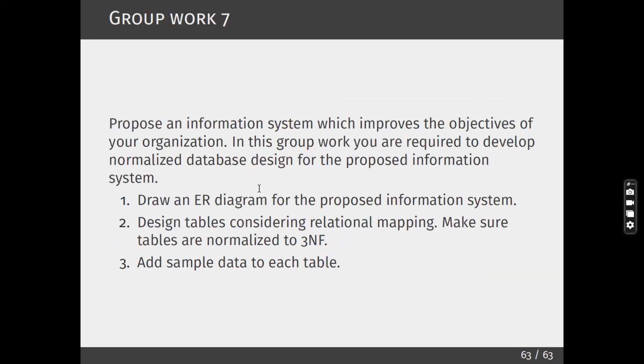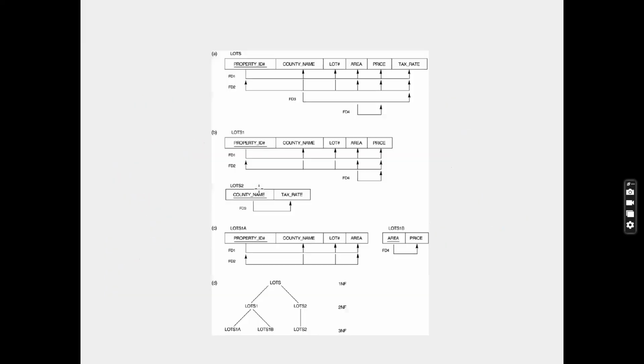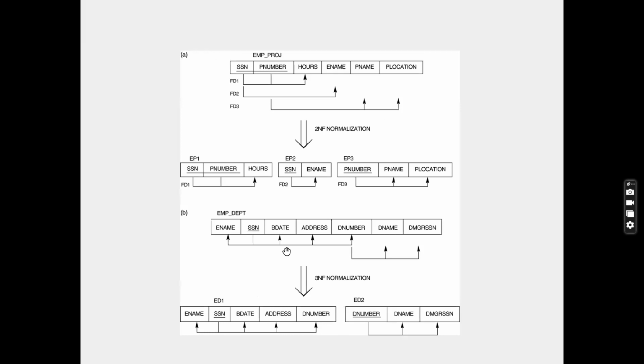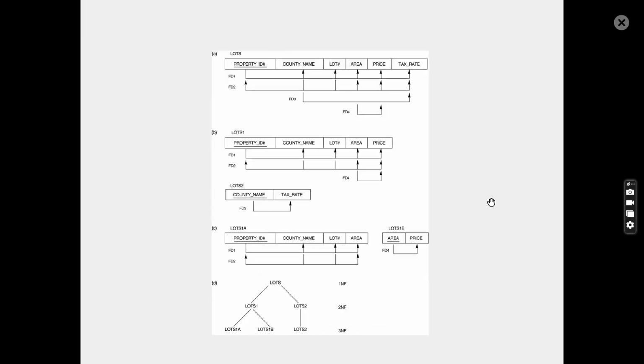So if we can find a relation which is transitive, let's look at this example. We have the employee department relation. Maybe I will zoom out.